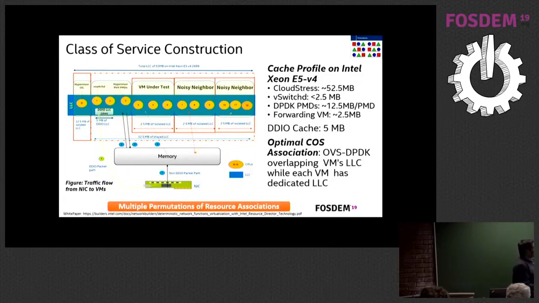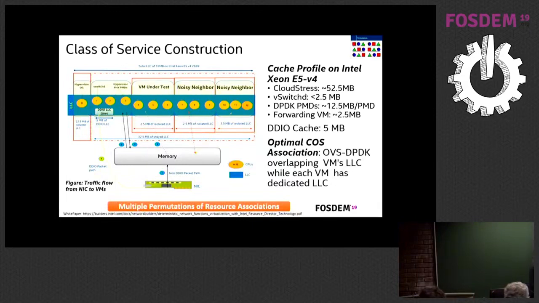So we did some performance studies. First we ensure the DDIO is taken by the OVS with DPDK, because that's where the poll mode drivers are doing the heavy lifting of copying tons of packets. So we ensure that the DDIO cacheways are given to the PMDs.